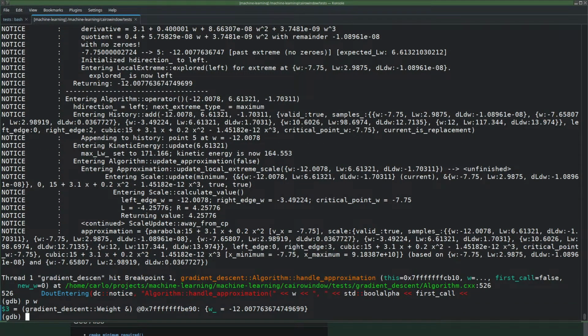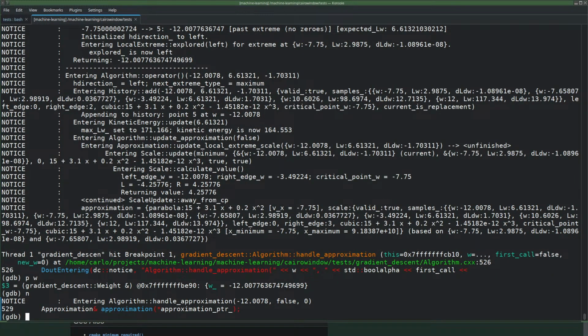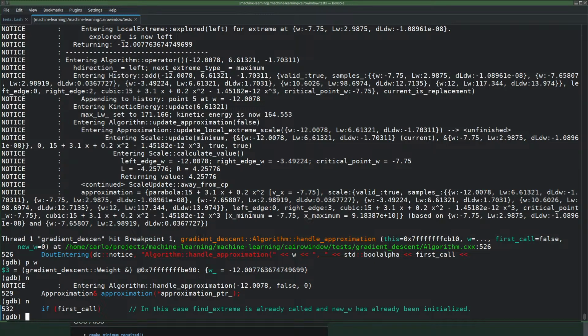Okay, adding minus 12. What does first call mean? What is the very first call to approximation, I guess?